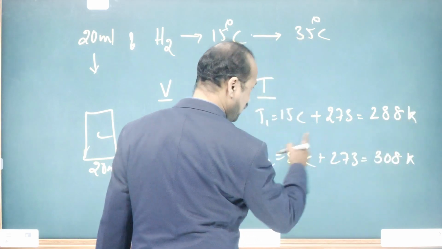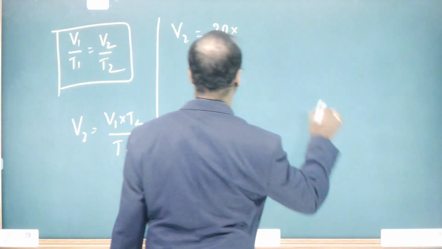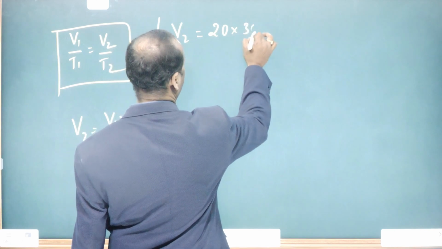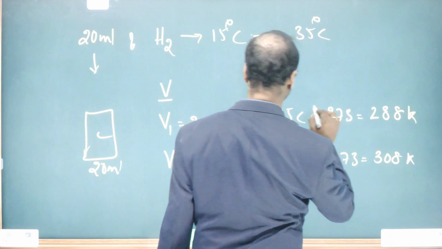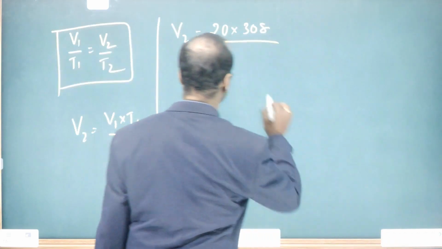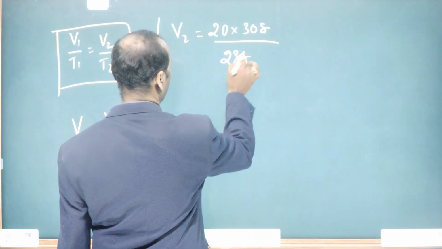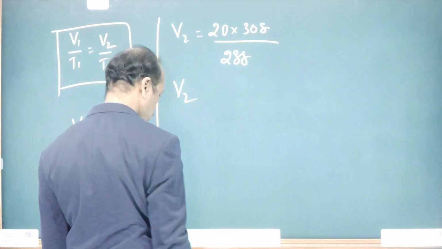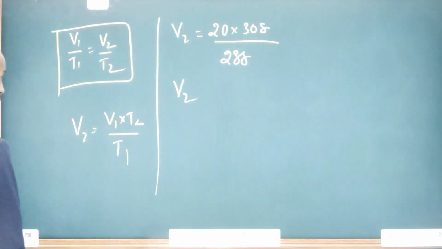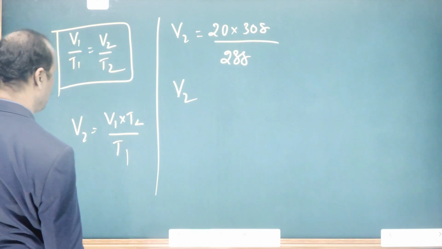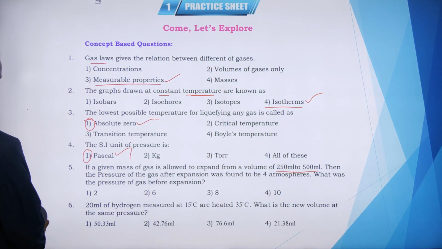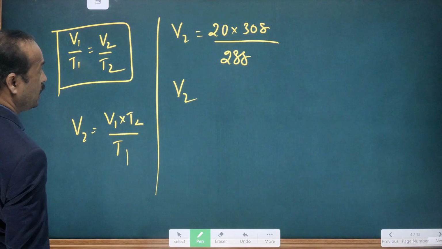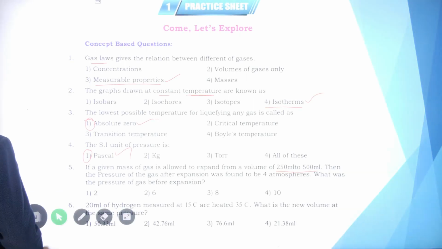Now in the place of T2 you write 308, divided by T1. T1 is equal to 288. Oh, this is a very big calculation. Now you need to do it: 20 into 308 by 288.